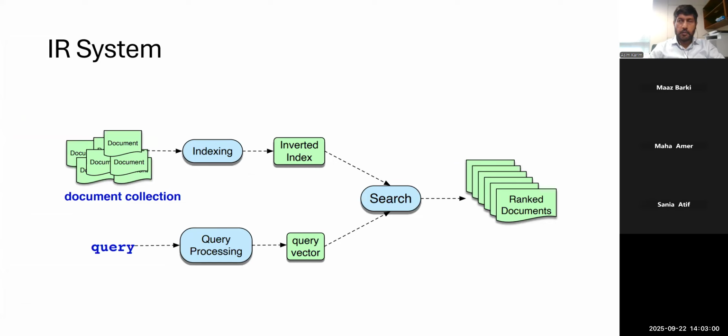So this slide basically describes the flow chart for a standard, or you can say traditional, information retrieval system. Such systems are still used in many applications. Of course, in older times, this was the mainstay of almost all information retrieval systems, including web search.